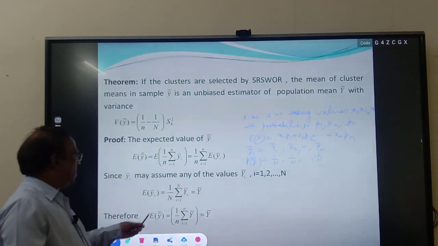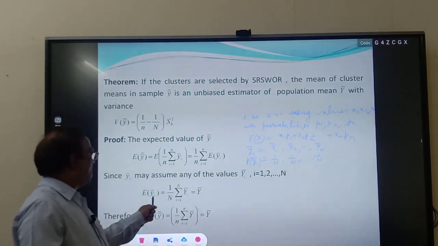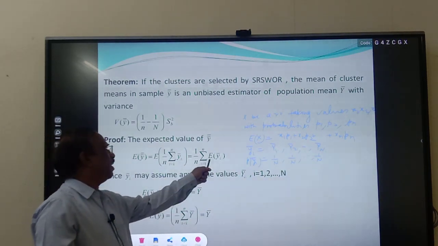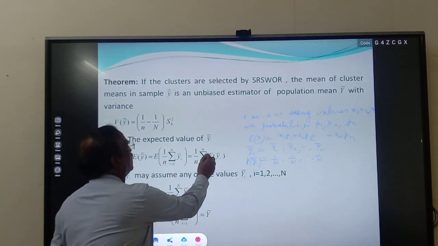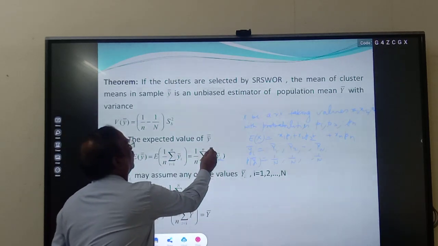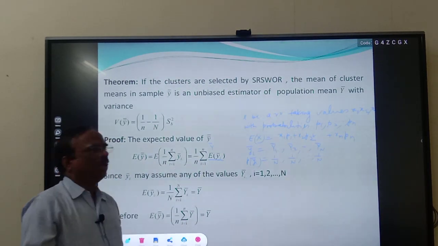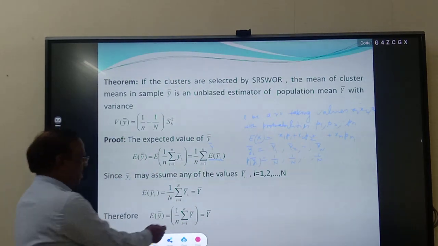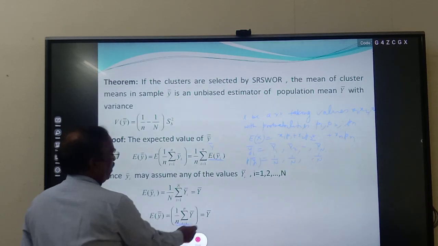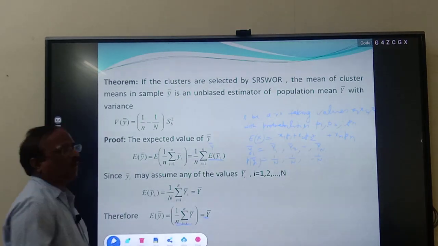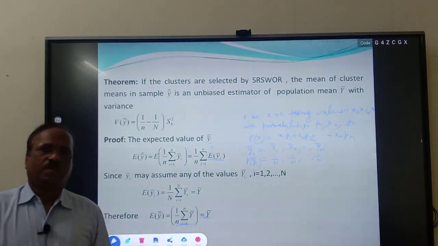So the expected value of yi dot bar is equal to capital Y bar. If we substitute this value here, sum it small n times and divide by n, as we have done here, we get capital Y bar, the population mean.